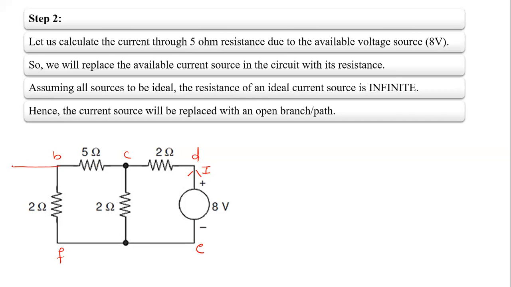The current source will be open now. We'll keep it as open. So this was A, so A, B, C, D, E, F. This was G and H, for example. So this was the current source here. We will not have any current here because this is open, right? So we will not have any current in this particular branch.